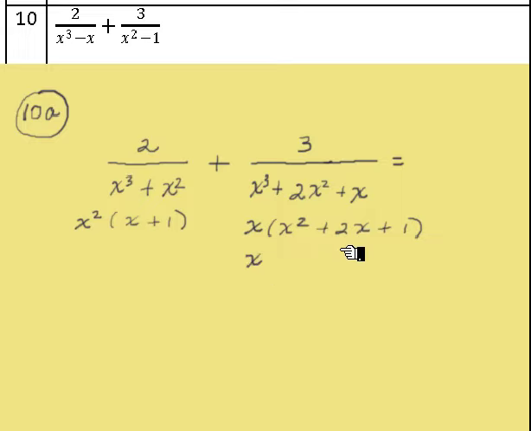This is x plus 1 times x plus 1, and I'm going to write that as x plus 1 squared. So let's look at these two denominators and figure out the common denominator.